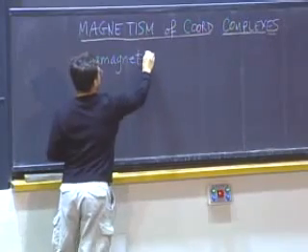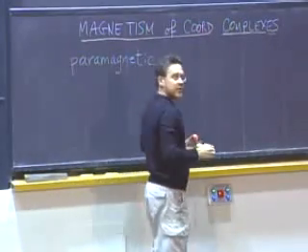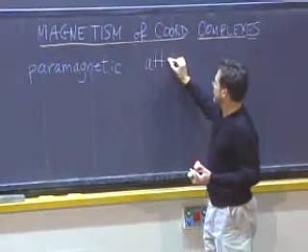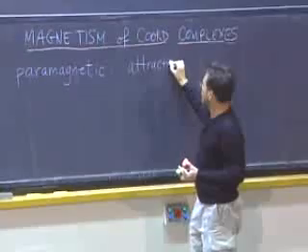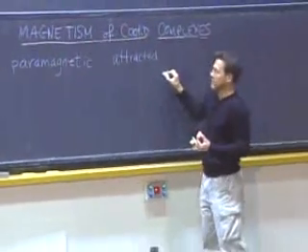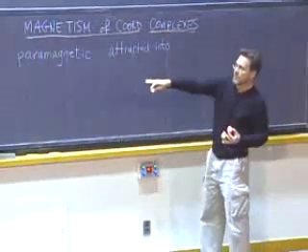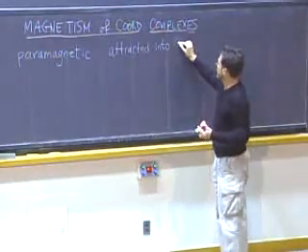One is paramagnetic. That term is given to substances that are attracted into a magnetic field. So it's somehow a bulk phenomenon that we're going to relate to properties of d orbital splitting diagrams.